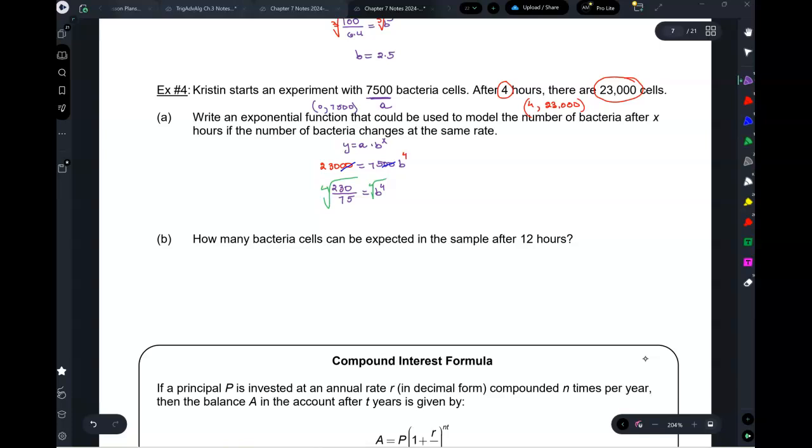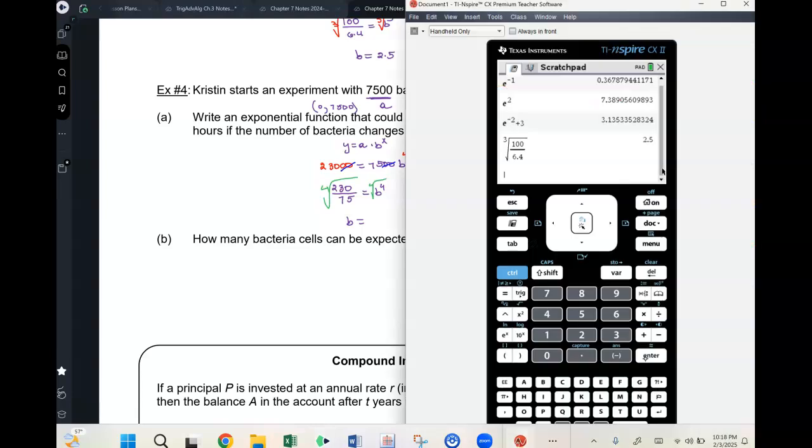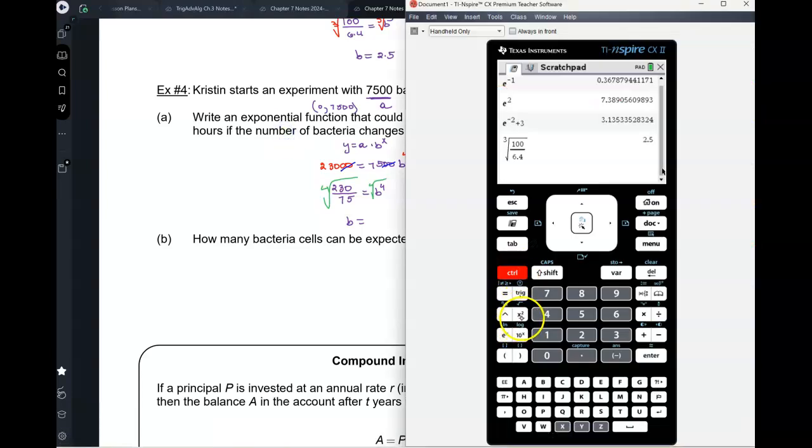We're going to plug this into our calculator. B is going to be the fourth root of 230 over 75, right? This number.